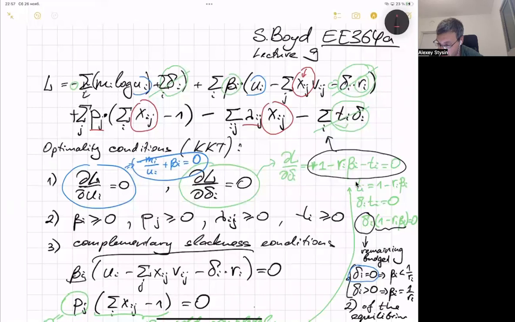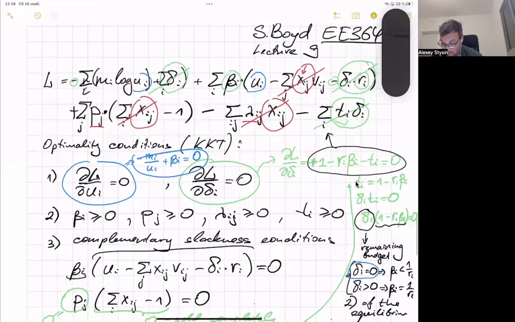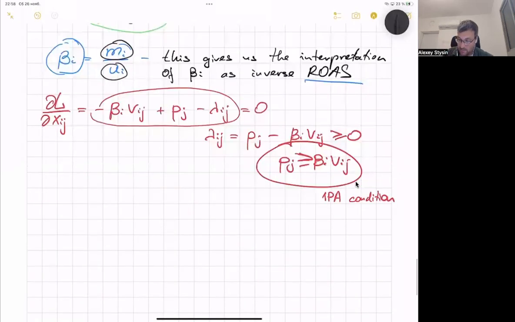Again, this is linear, so we will get rid of this one, and this one. So now we actually can substitute everything back and arrive at the dual.